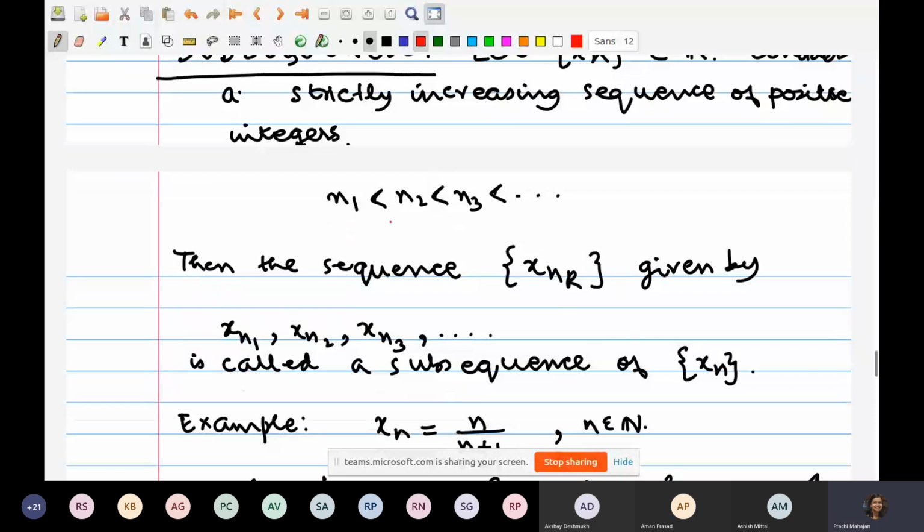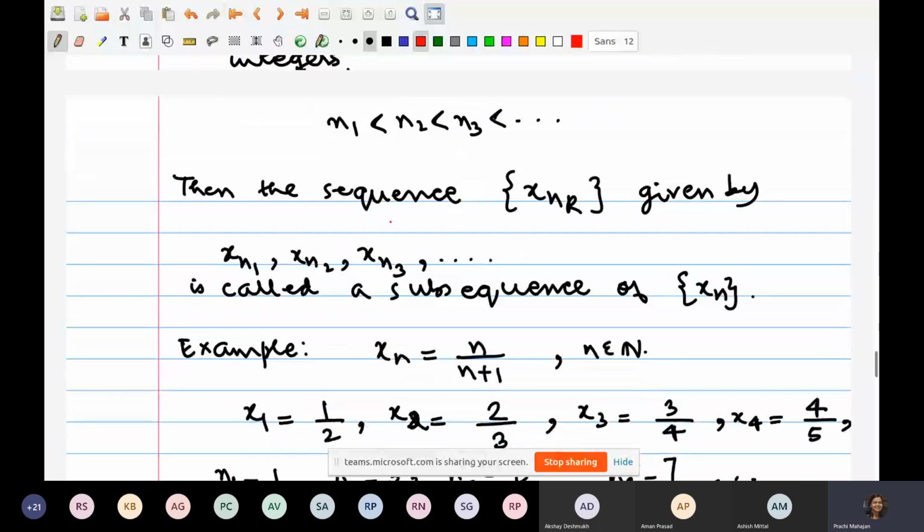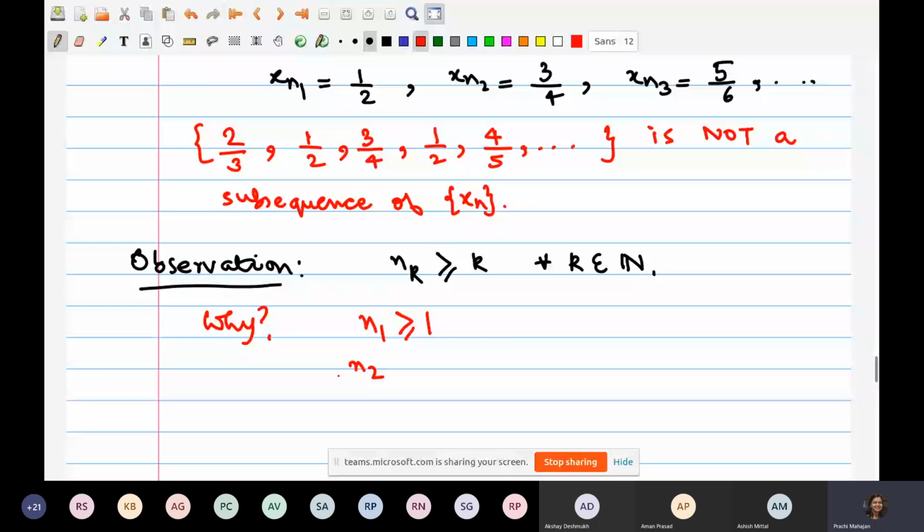So what does that mean? Recall that n2 is strictly bigger than n1, which is at the least equal to 1. So it follows that n2 is at least 2.